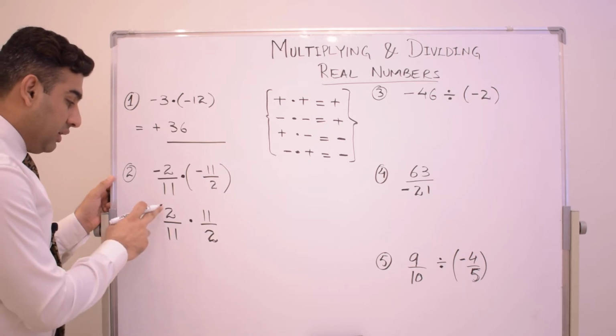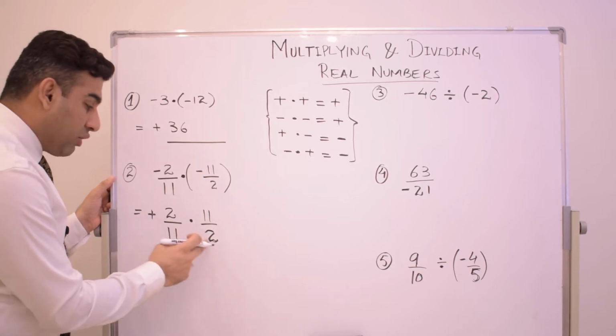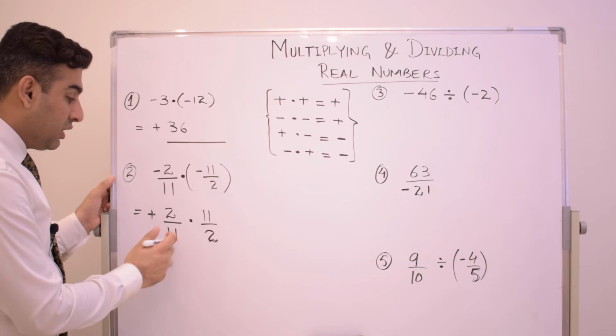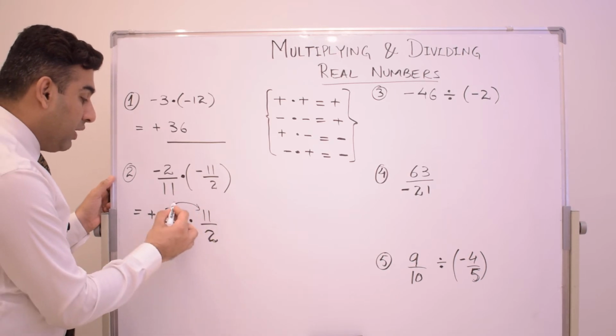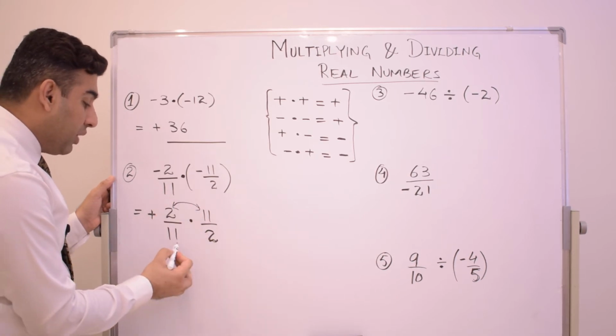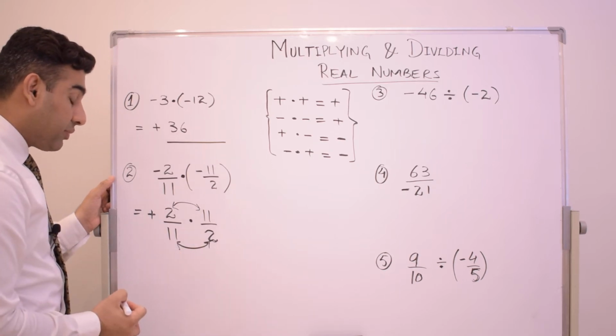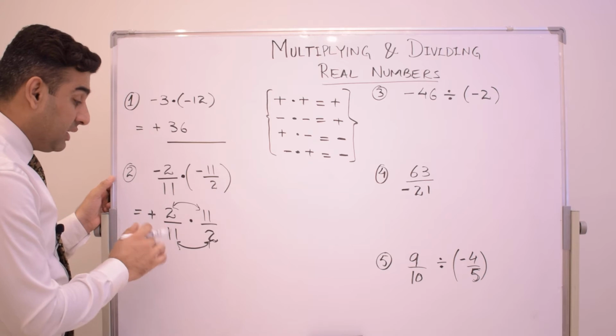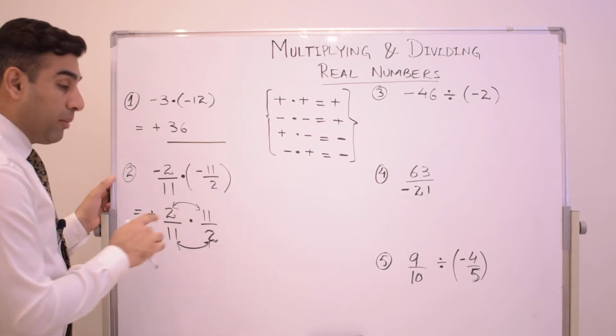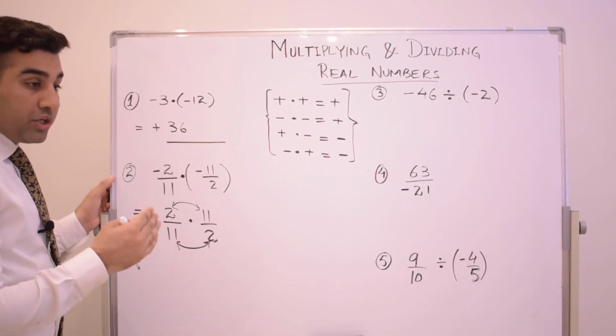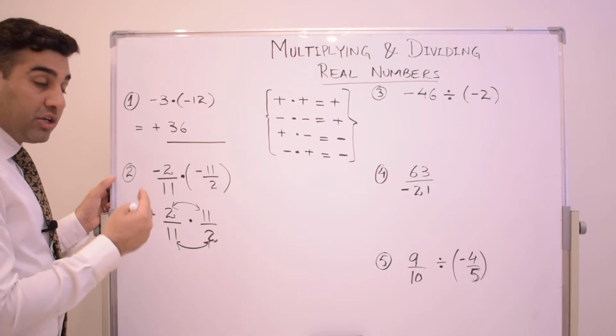So guys, whenever we are going to multiply fractions, the rule is that the numerator value will multiply with the numerator value and the denominator value will multiply with the denominator value, unless the numerator and denominator are going to cancel or simplify each other.